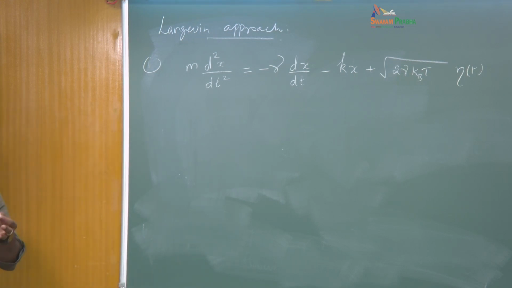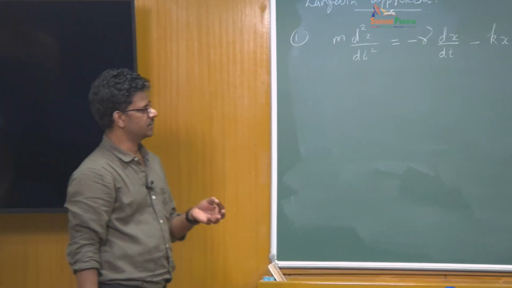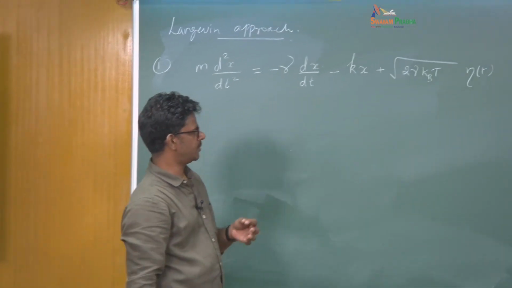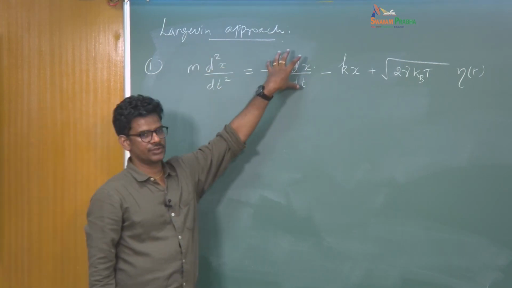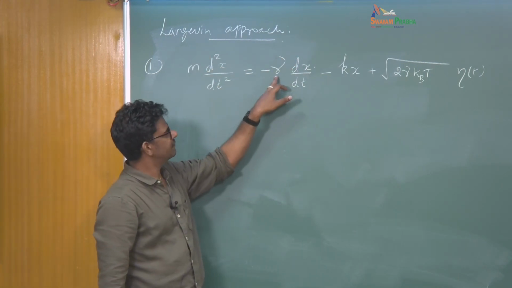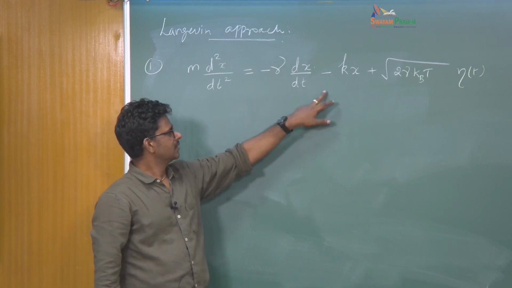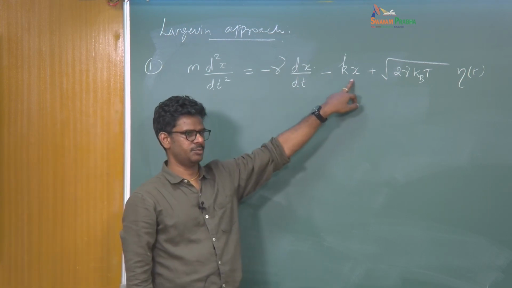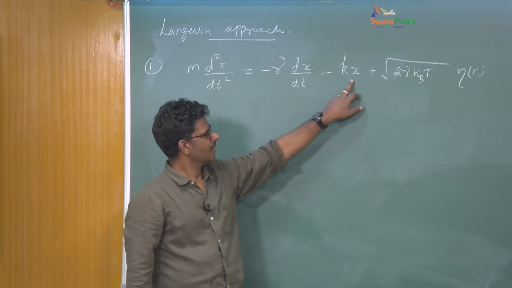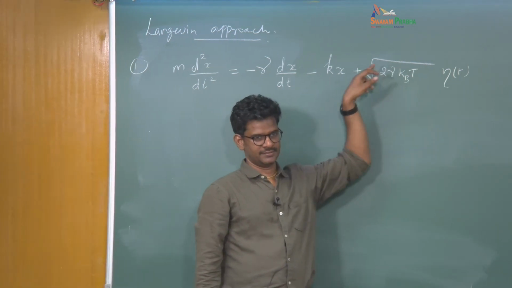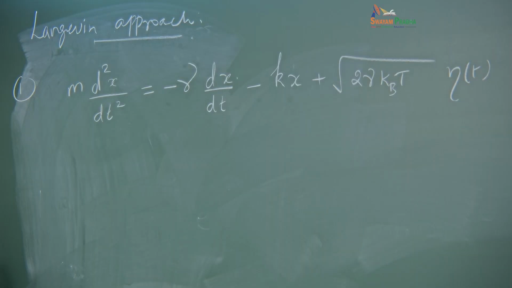So if you want to model a Brownian particle's position when it is bound to a harmonic spring, you write that mass times acceleration is equal to the drag force, which is minus friction coefficient times the velocity, minus kx. This is the spring force opposing the particle's motion, and this is the random thermal noise. Okay, this is how you would model the position.